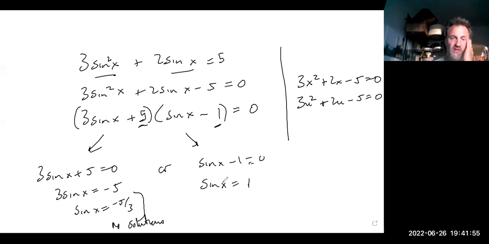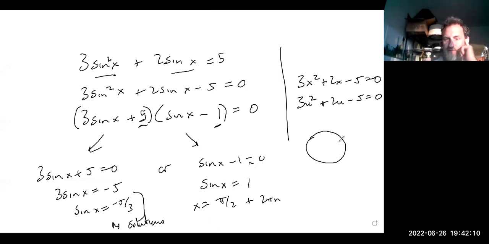And this one is pi halves, and there's no other solutions on the unit circle, which means if we want all solutions, it's going to be pi halves plus 2 pi n. This is a unique case where there's actually only one time on the unit circle when it happens, right? For most values, there are 2 times. We look across the circle for sine, there's 2 times that it happens, or in the terms of cosine, it's just up and down.